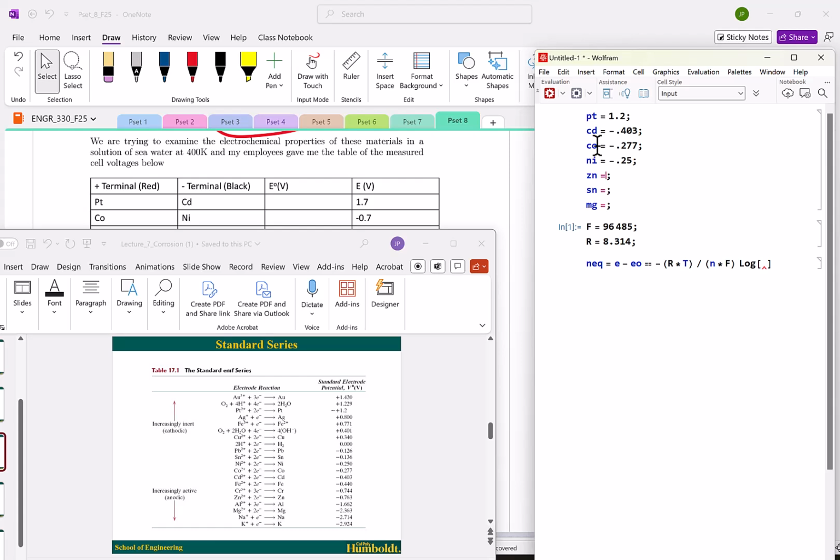Zinc is minus 0.763. Tin, Sn, is going to be minus 0.136, and then Mg is minus 2.363. Excellent.